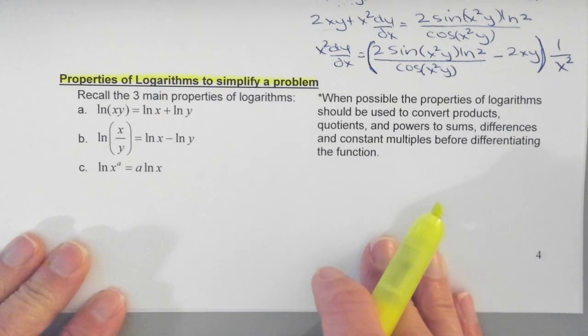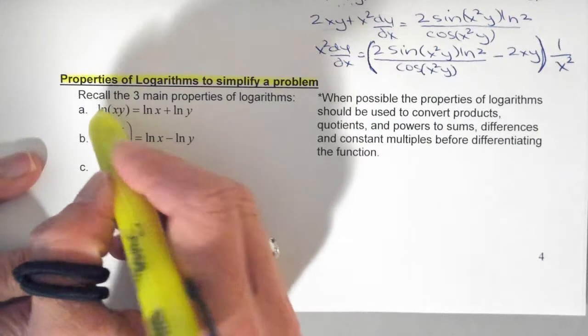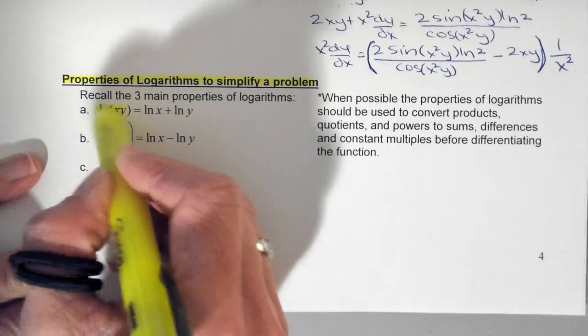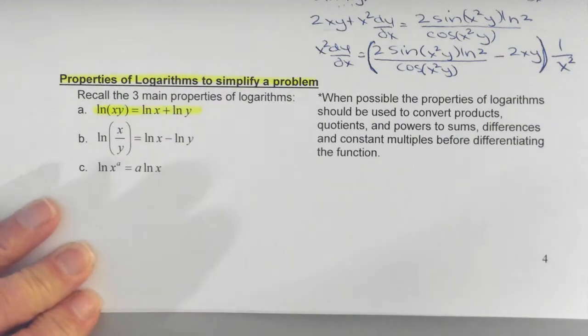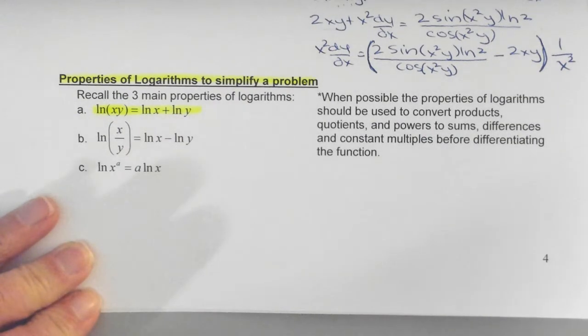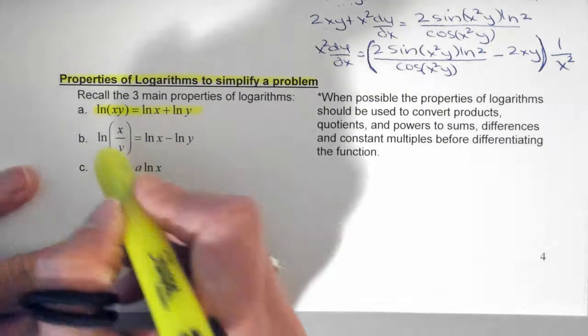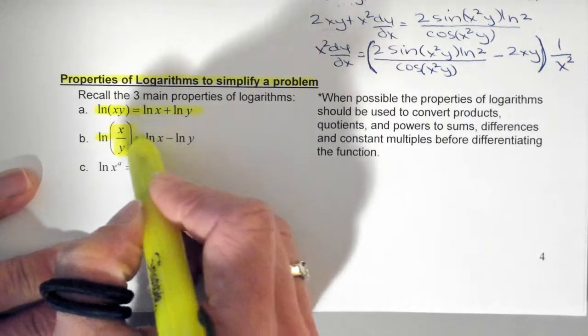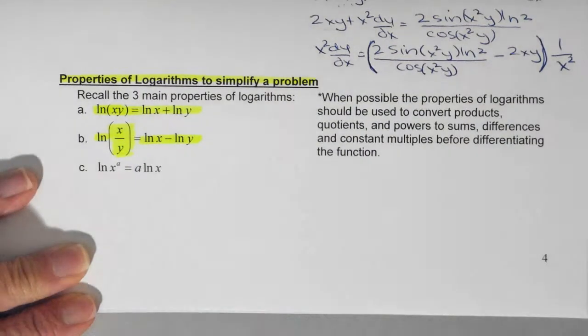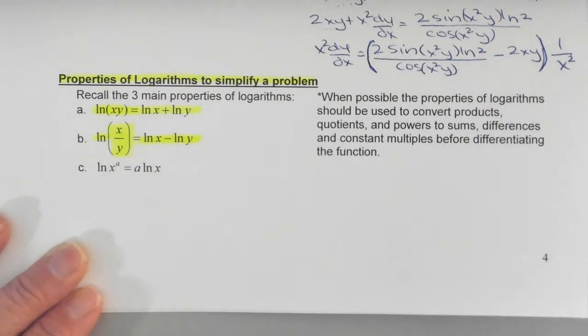So the 3 main properties are that if you have the product that you are taking the log or the natural log of, you can break that apart into an addition problem. Okay? If you are taking the natural log of a quotient, this becomes the natural log of anything in the top minus the bottom. Okay?